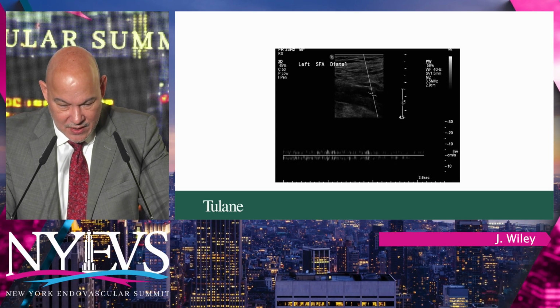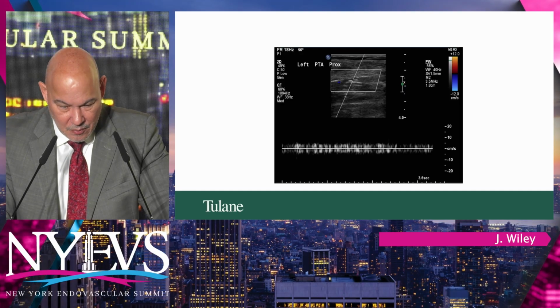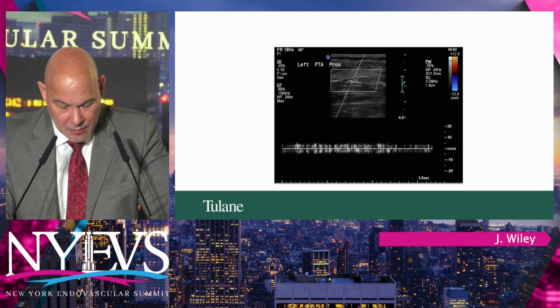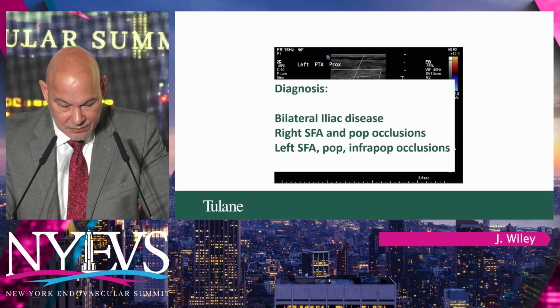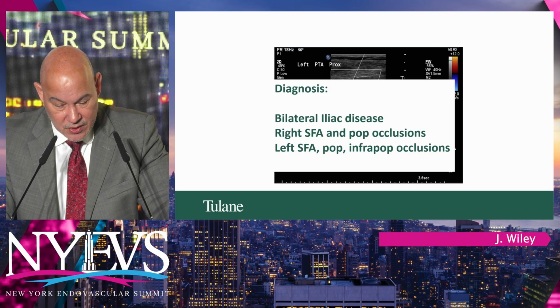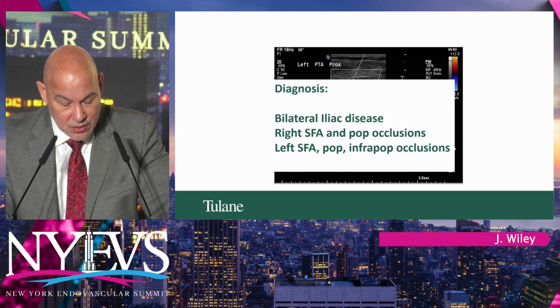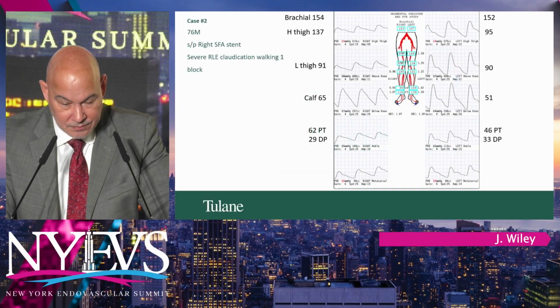We go to the distal SFA and there's really no flow. And when we go to the proximal PTA, we see hardly any flow whatsoever. Diagnosis is, as you would expect, bilateral iliac disease with a right SFA and popliteal occlusions, and left SFA, popliteal and infrapopliteal occlusions as well.